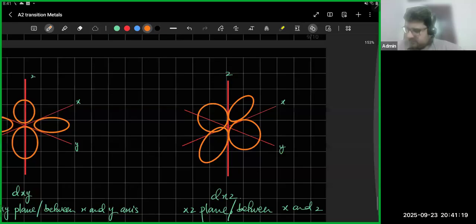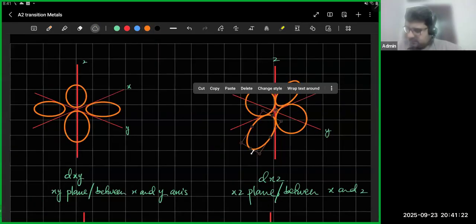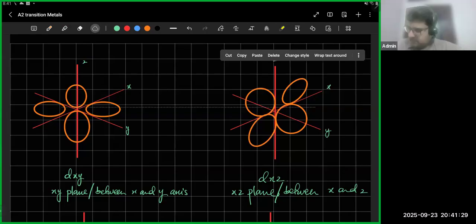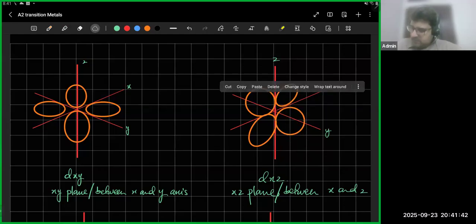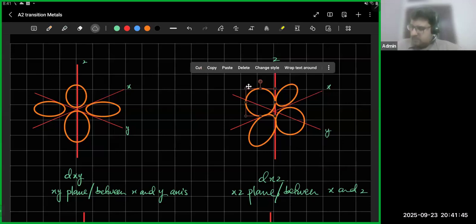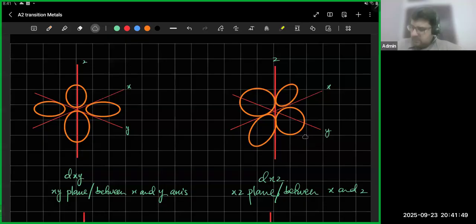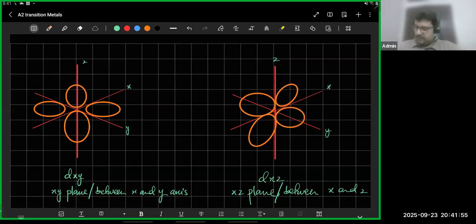So we'll also adjust it. Okay, so hopefully that looks like the electron density between the X and Z. And similarly, you've got two others.